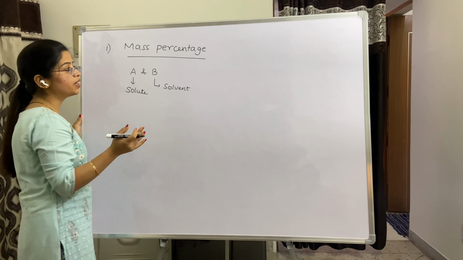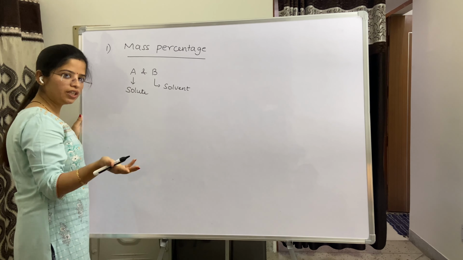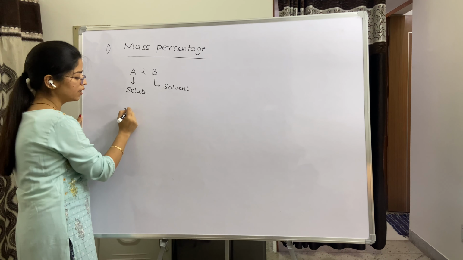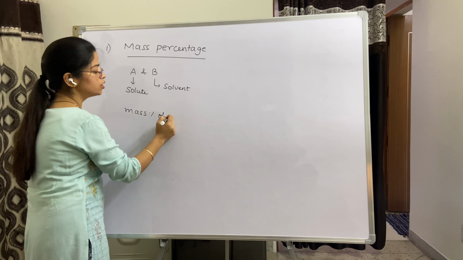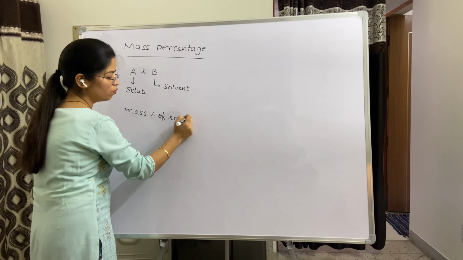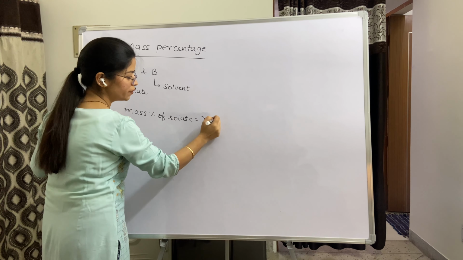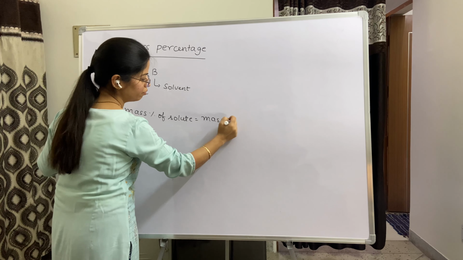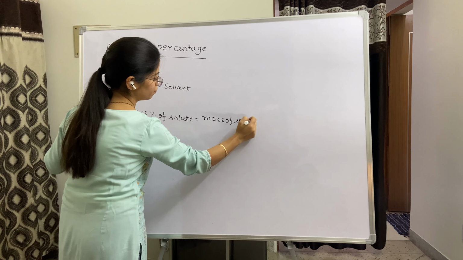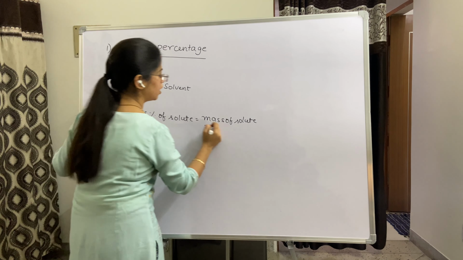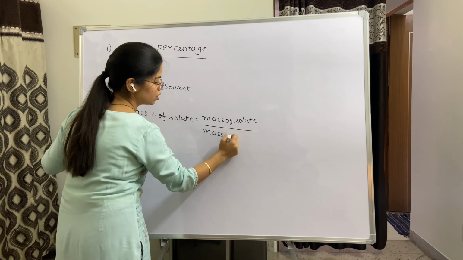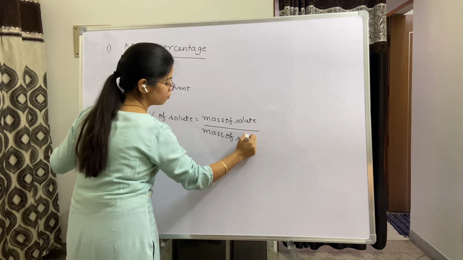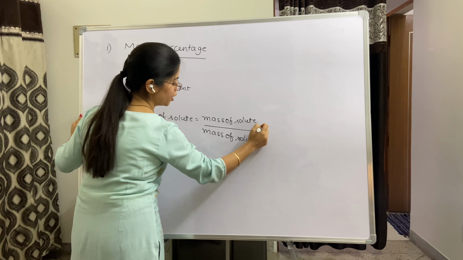So to calculate the mass percentage of any component, mass percent of solute will be equal to the mass of solute over mass of solution, into 100.